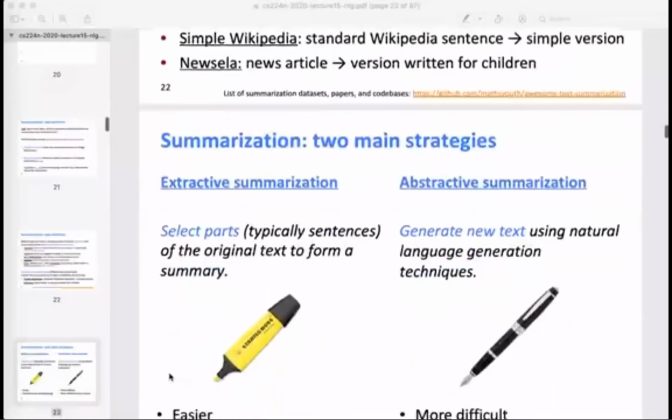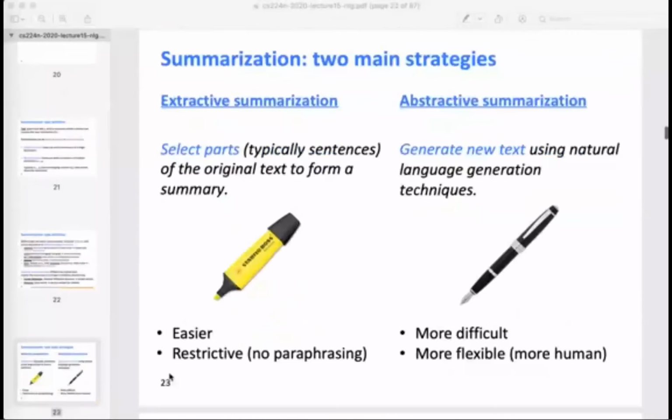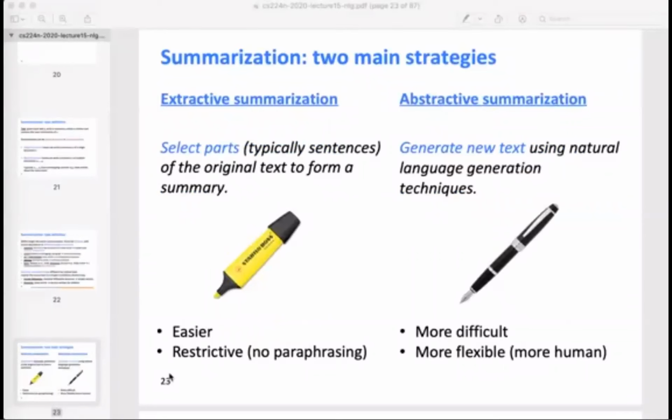We can look at summarization as two different main strategies. One is extractive summarization, and one is abstractive summarization. Extractive summarization is basically like using a highlight pen to read through a textbook. You're just selecting parts from the original text, and you're not generating anything new using your brain.